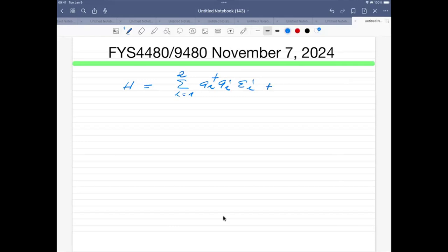And then we had an interaction piece, which actually gives us the non-diagonal matrix elements. And we had a sum over i different from j. So this is a double sum, and they run from 1 up to 2. And we had a_i dagger and a_j here.